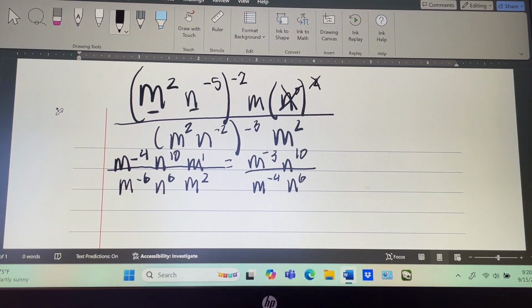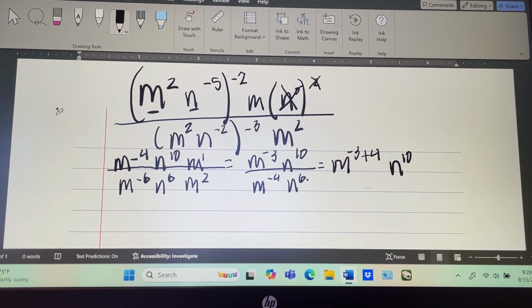So now we're going to do what we call flattening the problem. We're going to bring everything in the bottom up to the top and pair them up. So here we've got an m to the negative 3 already here. We're going to bring this other m up, and that negative 4 will change to a positive when we bring it across the fraction sign. We have an n to the 10th.